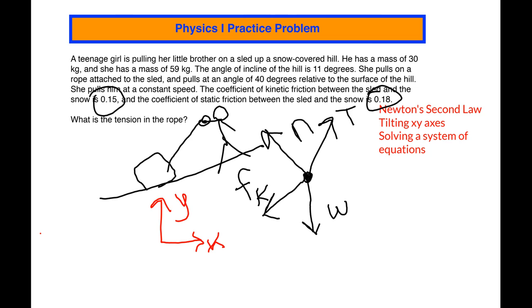If instead we use XY axes that are tilted like this, we now have two forces, the normal force and the frictional force, that are just in the Y in the case of the normal force and just in the X in the case of the frictional force. So let's do that. That will make our math a little bit simpler.